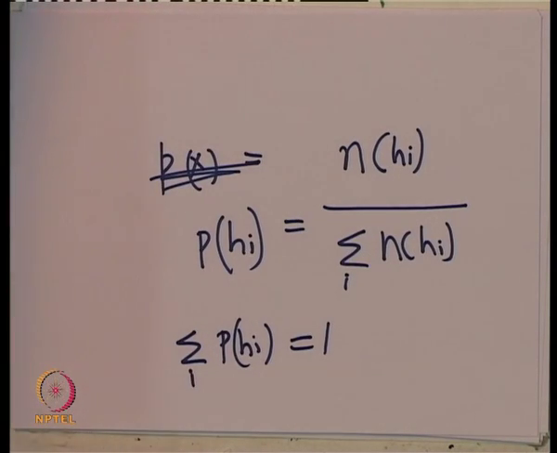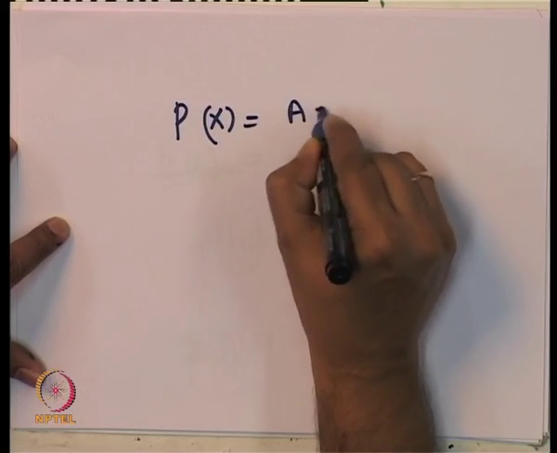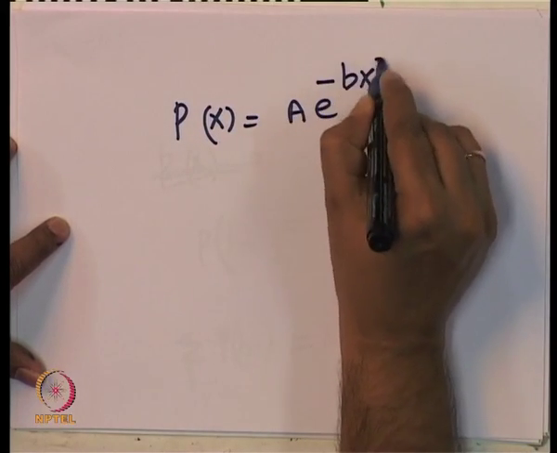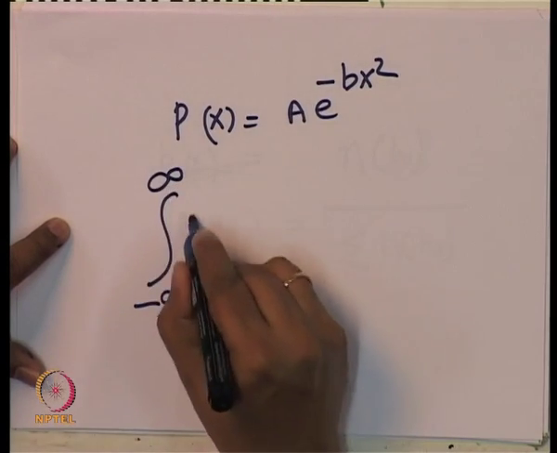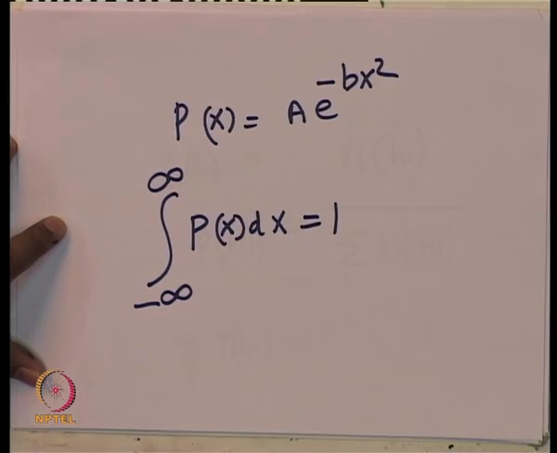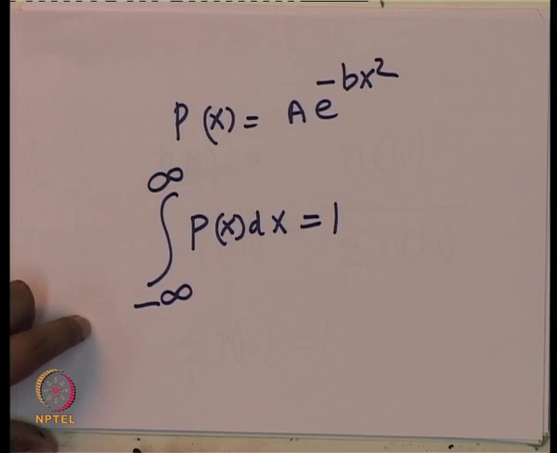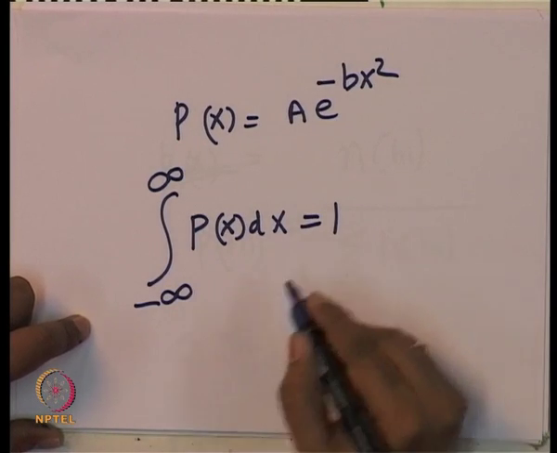So, knowing the total probability has always to be 1, we have this function P of x is a e power minus b x square. The integral from minus infinity to infinity of P of x dx has to be 1. What does this mean?